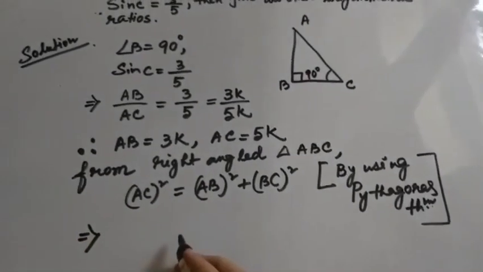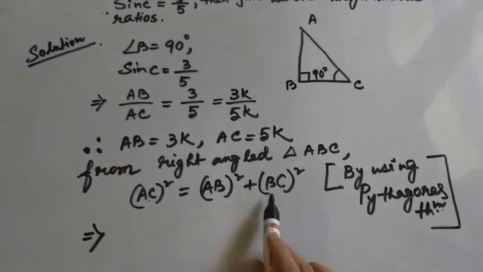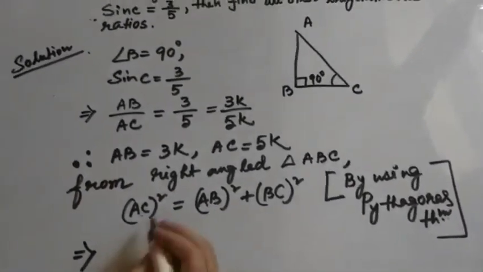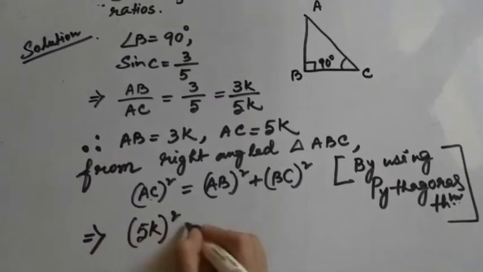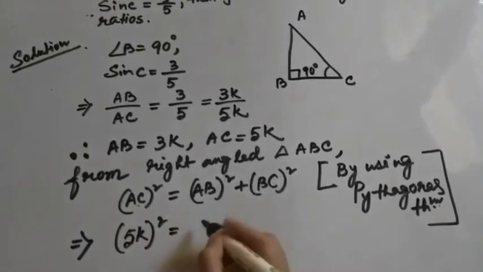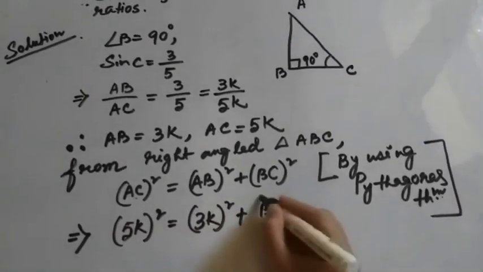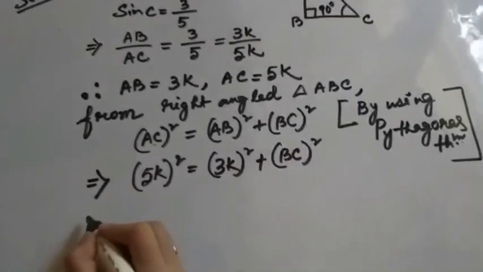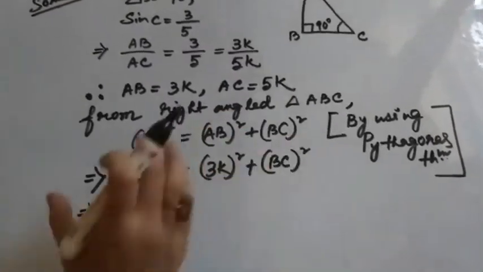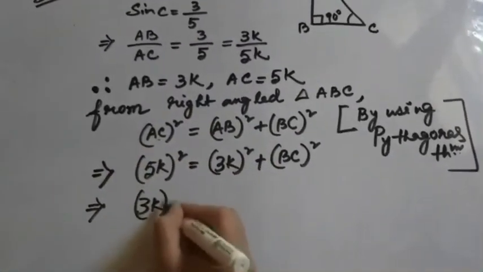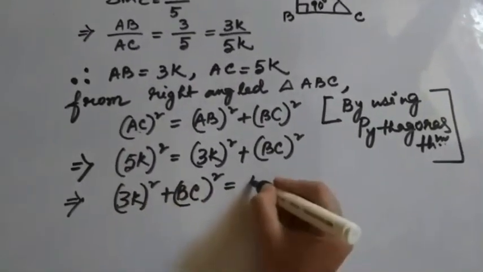What is the value of AC? We know the value of AC and AB, but we don't know the value of BC, so we have to find it out. The value of AC will be 5K, so it will be 5K whole square. AB value will be 3K whole square and BC will remain the same. So 3K whole square plus BC whole square equals 5K whole square.